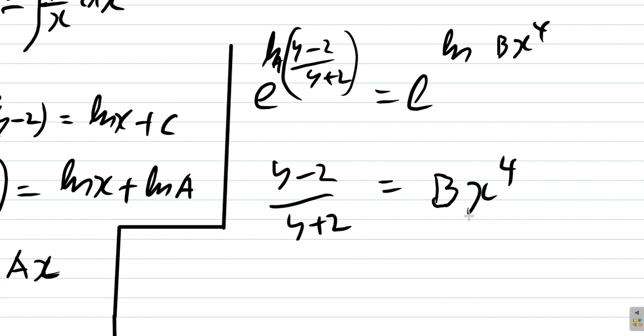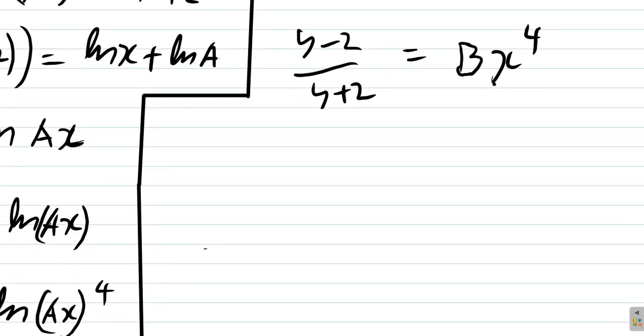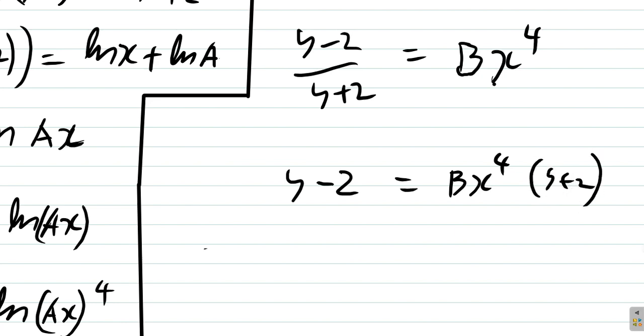And you could even rewrite it, if you don't want any fractions or you want everything flat on one level, by multiplying both sides by (y + 2). You write it as y - 2 equals b x to the 4 times (y + 2), if you want to do that. Alright, so there we have our solution.